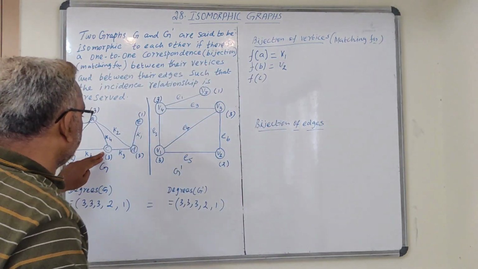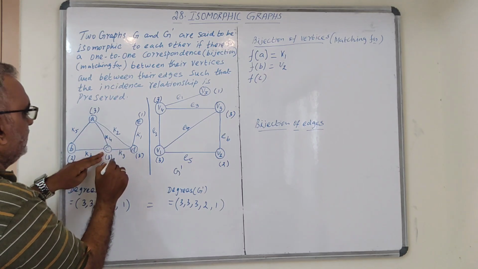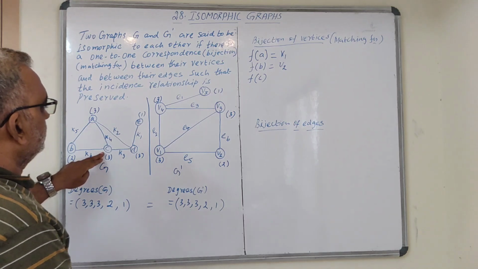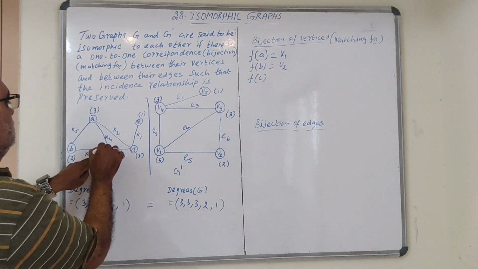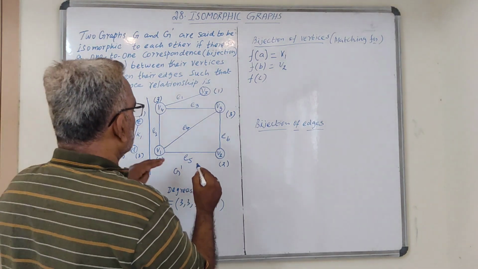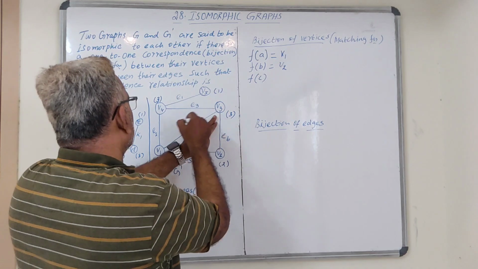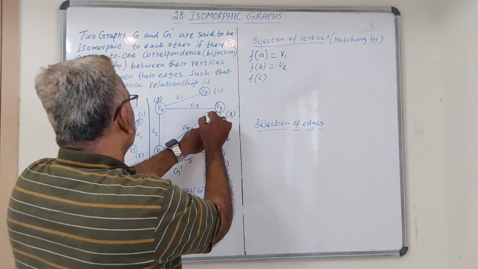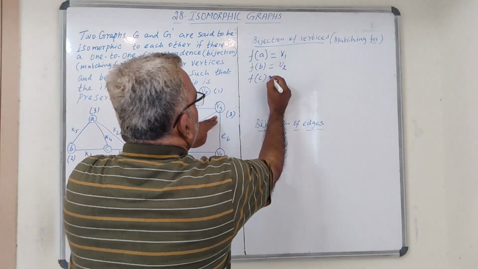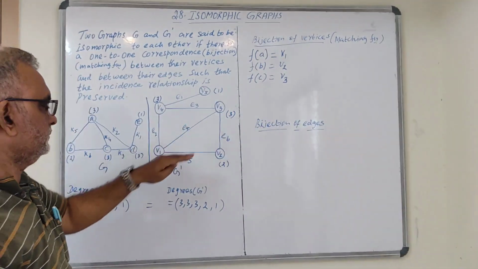Similarly for C, C is connected with B, A and D. Their degrees are 2, 3 and 3. Now we take V3. V3 is connected with V4, V1 and V2. The degrees are 3, 3 and 2. So V3 is the correct match for the vertex C.